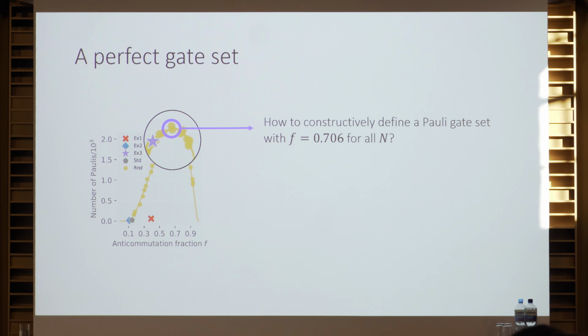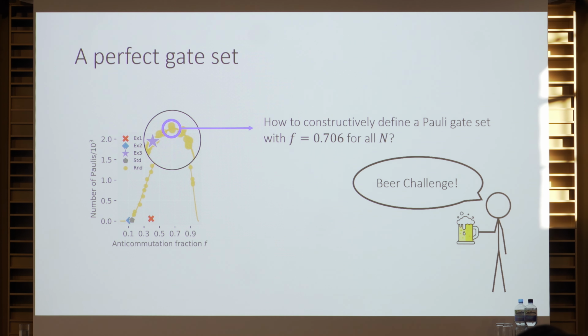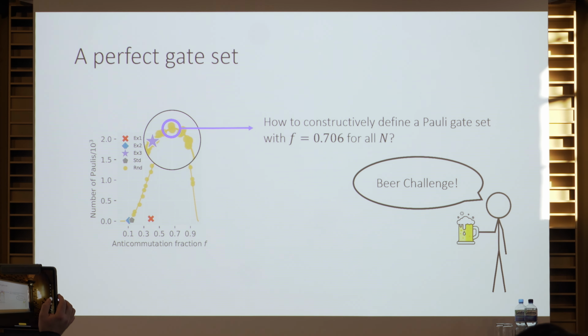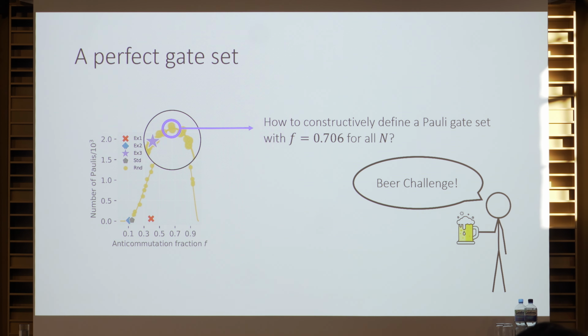I think this is a nice conclusion, and I offer this as a beer challenge. So if you can come up with a generating set of Paulis which has this fraction between them, or a constructive way to come up with them, of course I offer you a beer and a paper probably.